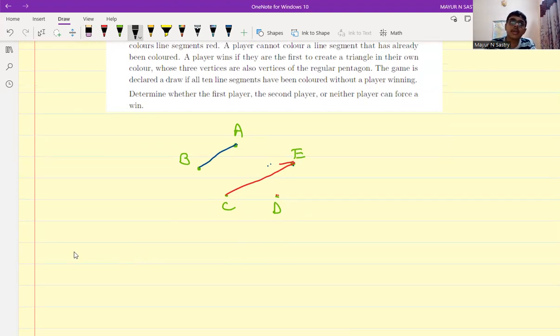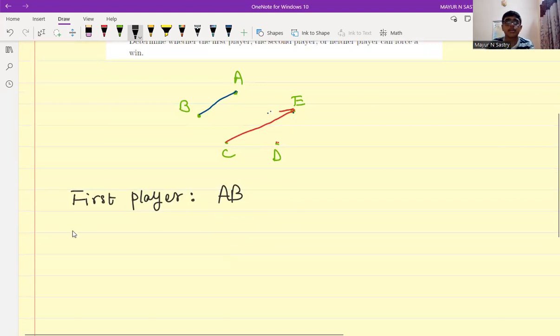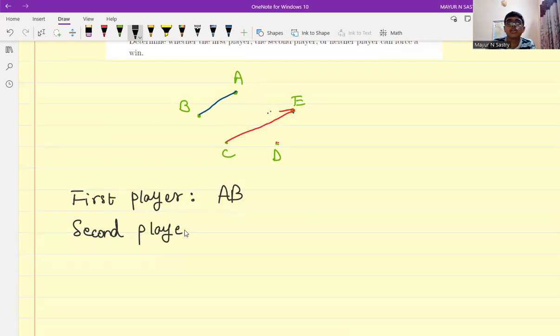So the first player would choose AB. That's what I have done. And say the second player chooses, say, PQ, where PQ may be one of CD, DE, or CE.